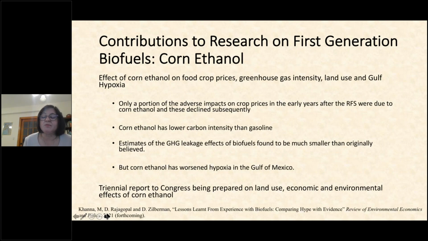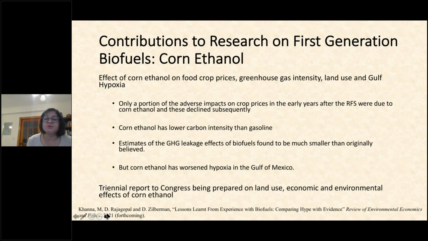The leakage effects of this can be much larger than the savings that we might get from displacing fossil fuels through biofuels in the US. But again, those estimates have been declining in studies that have improved over time, with improved data and improved modeling, to be significantly smaller than what they had been when this research started in 2007, 2008.